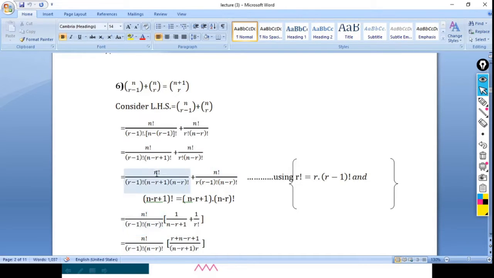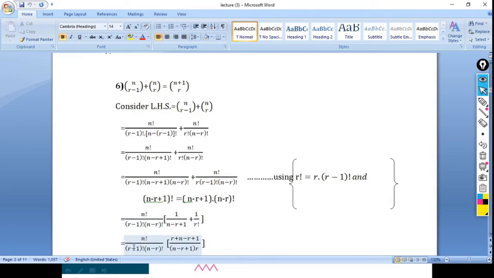So what remains? From the first term, this n factorial is outside, r minus 1 factorial is outside, and the n minus r factorial is outside. So what remains? n minus r plus 1. So that is 1 upon n minus r plus 1 plus 1 upon r.